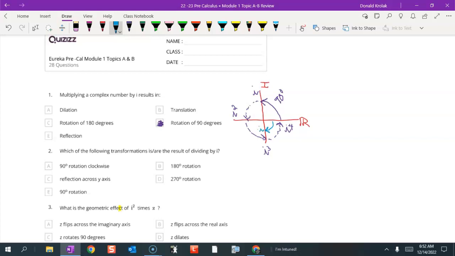So that would be i squared, i cubed, and i to the fourth, but it goes clockwise. So dividing by i would be a 90-degree clockwise rotation. It's opposite than multiplying by i, which is 90 degrees counterclockwise.